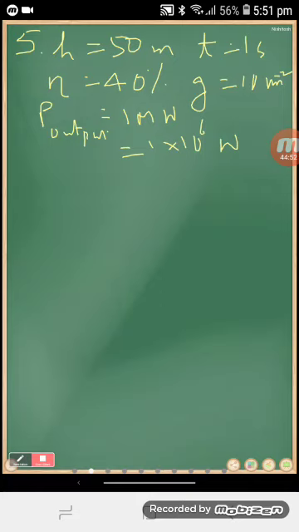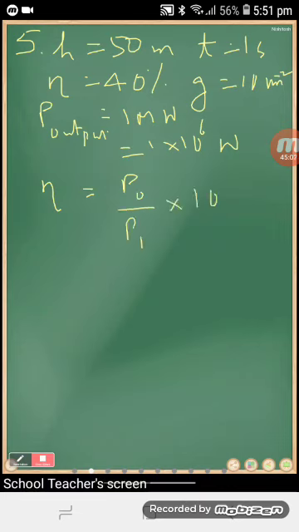Now we all know that efficiency, in terms of power input and power output, is power output upon power input into 100. Once you know the power input, you are able to make out the mass. So let's find the power input first.